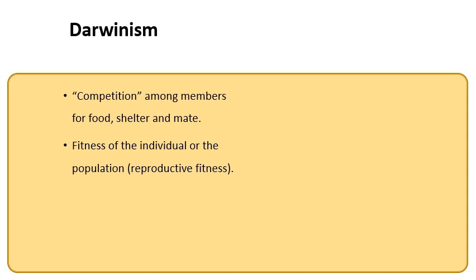The third type of struggle is environmental struggle. Each and every individual will compete with the environment in order to survive on this earth. So this is called environmental struggle. So the second important postulate of Darwin is struggle for existence.